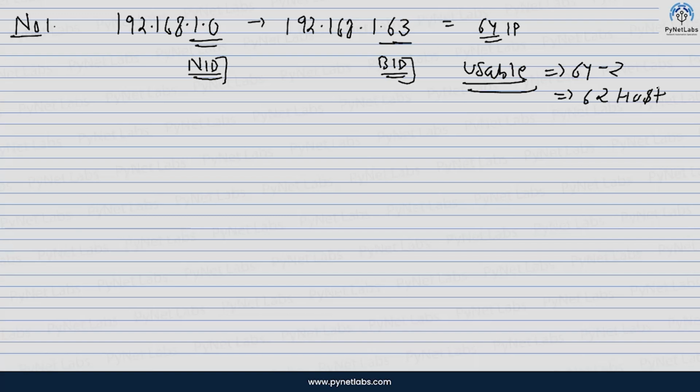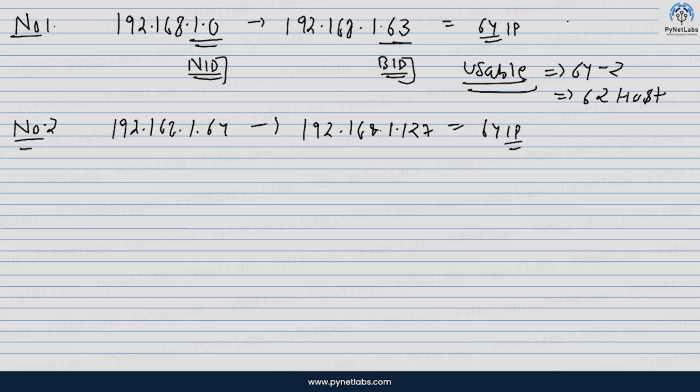In the same manner, you can calculate your other subnets. So let me go for number 2. It is called 192.168.1.64, and it will go up to 192.168.1.127. This is your second subnet. Here you are also getting 64 IPs. You have to go in additions of 64.